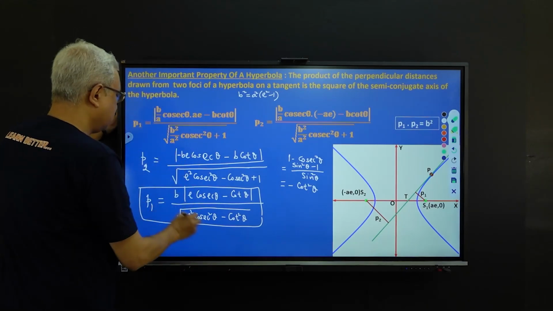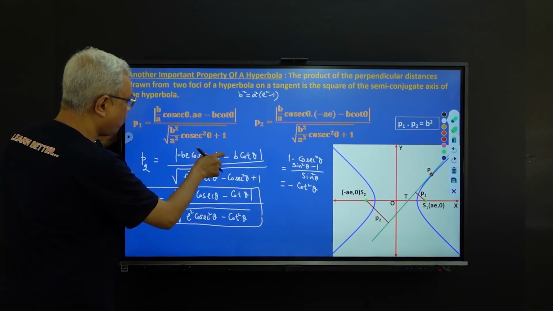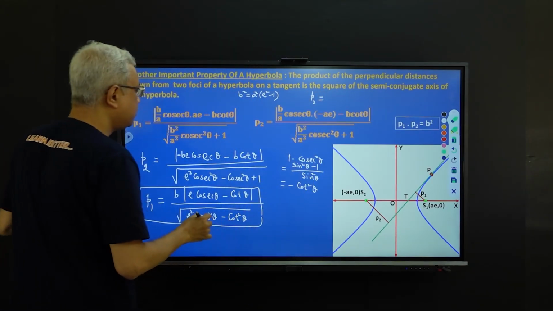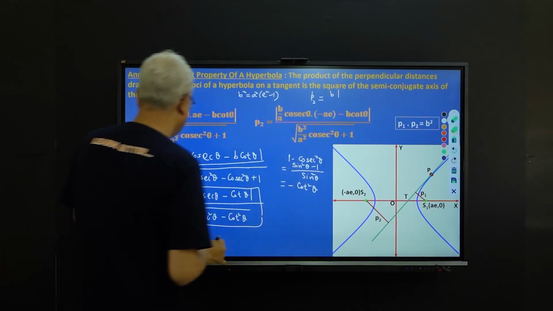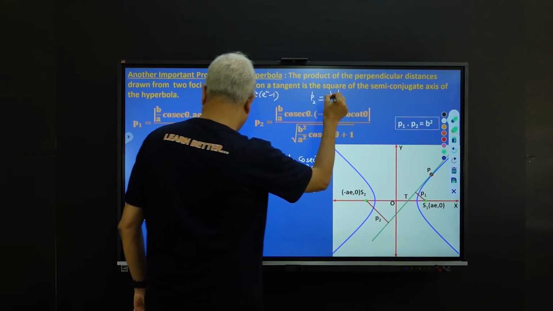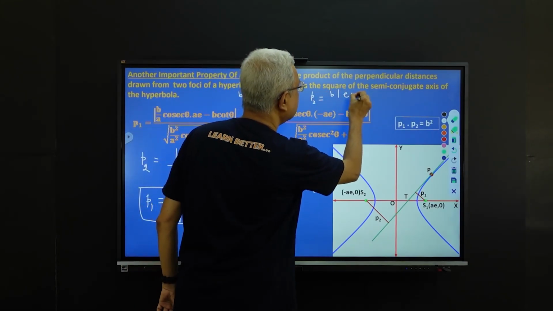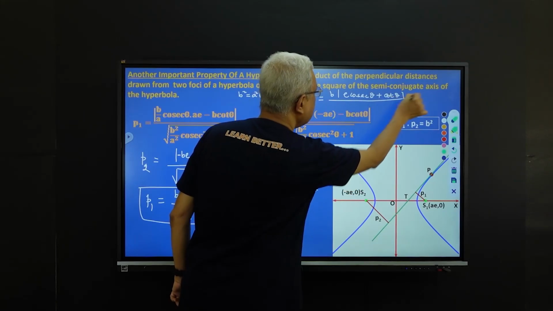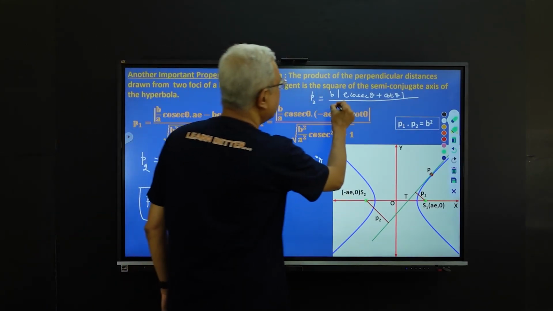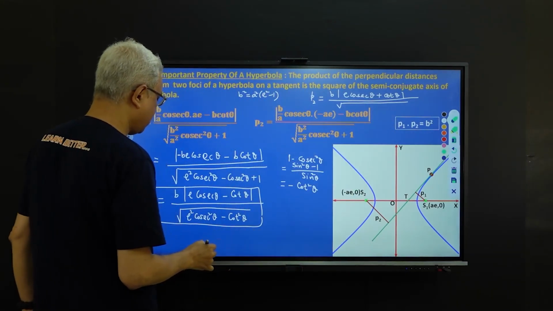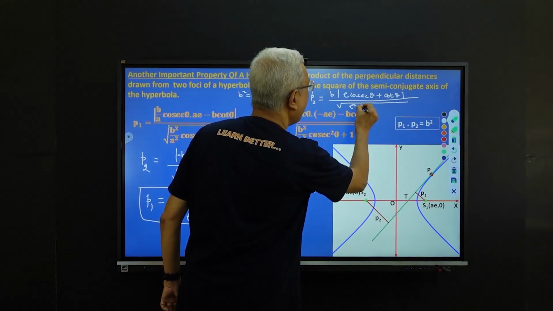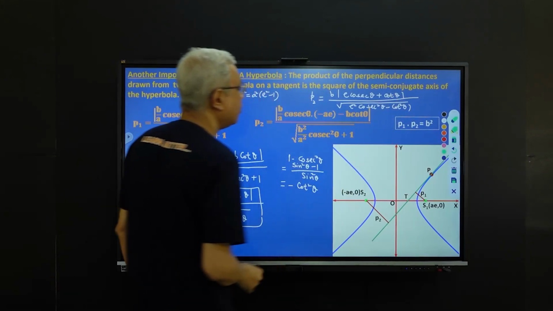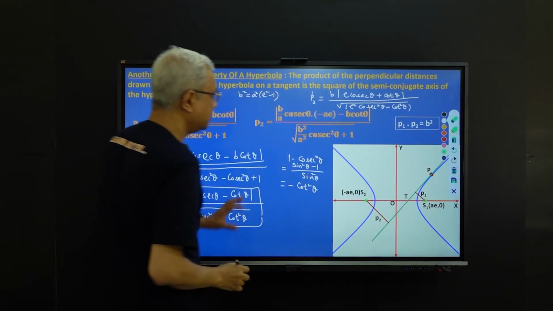So P2, since there is a mod sign, I can write P2 equal to b, you take out mod e cosec theta plus cot theta, divided by square root of e square cosec square theta minus cot square theta. Okay, I think it is okay.